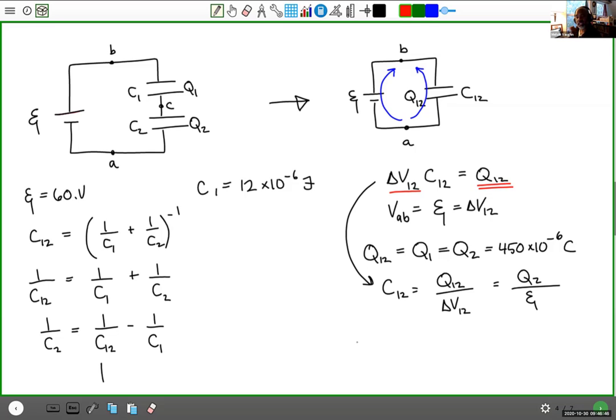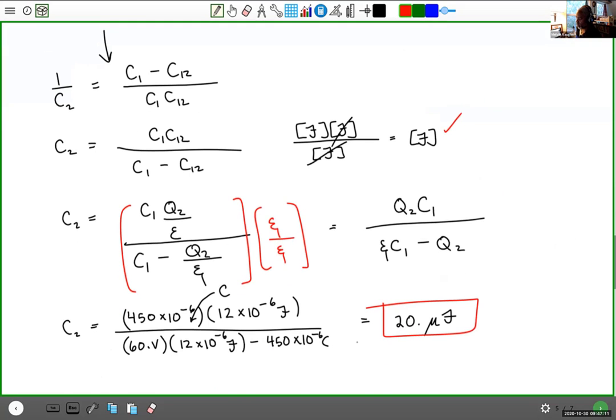We knew that two capacitors in series can be represented by an equivalent circuit, and that equivalent circuit tells us the charge on our equivalent capacitor, for one, and gives us a relationship between the equivalent capacitance and the capacitances of the individual capacitors. By using that information, we're able to determine the capacitance of capacitor 2.